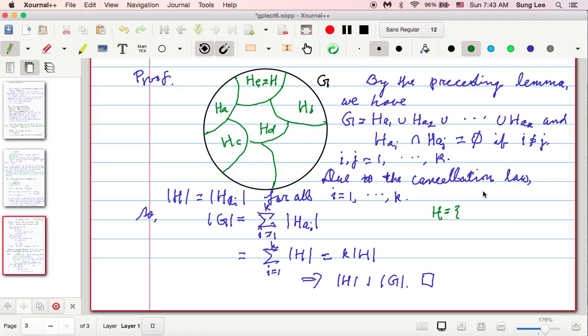G is a group and H is a finite subset. If this finite subset is closed under the operation of G, H becomes a subgroup.